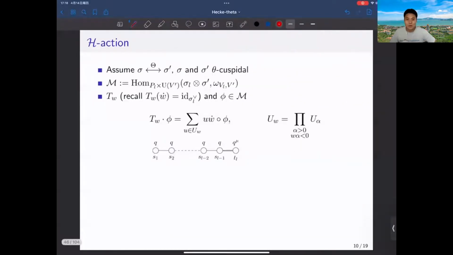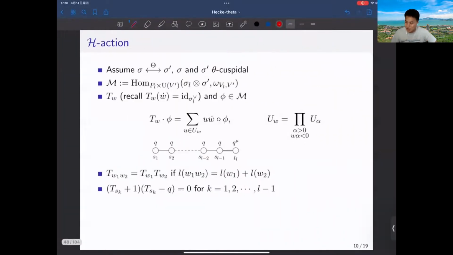Okay, so this is the Dynkin diagram, and it's easy to see that the unnormalized operator already satisfies the braid condition, and for the things inside this symmetric group, it already satisfies a nice quadratic relation.